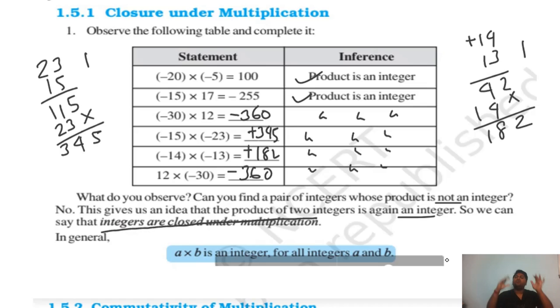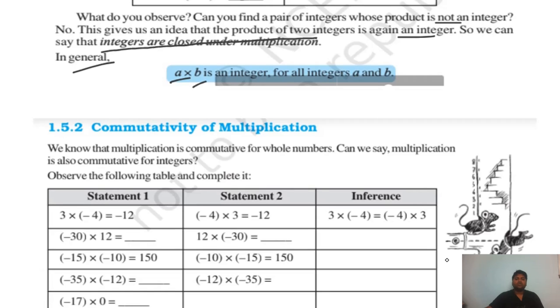That means when we multiply any two integers, we get an integer. So a into b in general is an integer for all integers a and b.